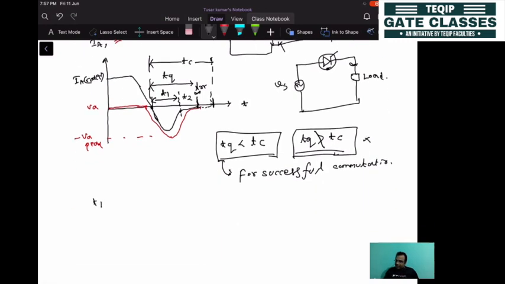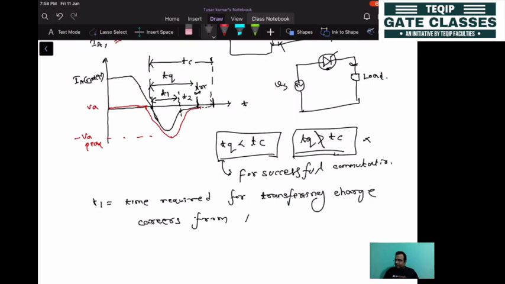One time, T1, is the time required for transferring charge carriers from the semiconductor layer.